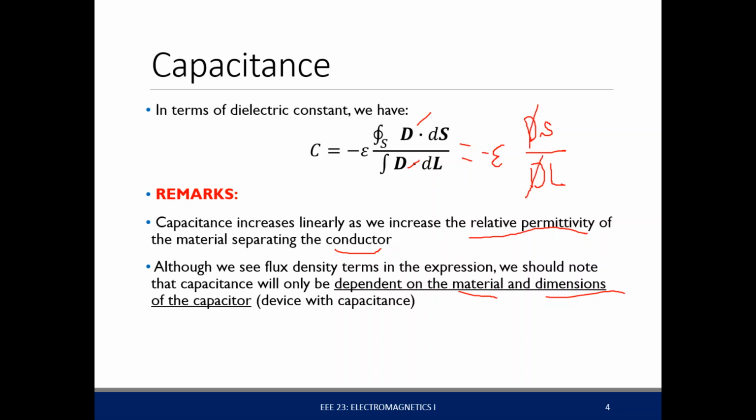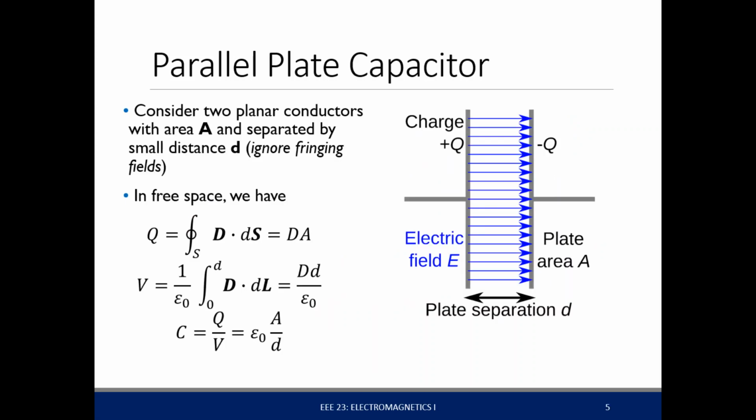D will cancel, and your capacitance will just be dependent on surface area and separation between the plates. For example, we have a parallel plate capacitor. Consider two planar conductors with area A separated by a small distance d.